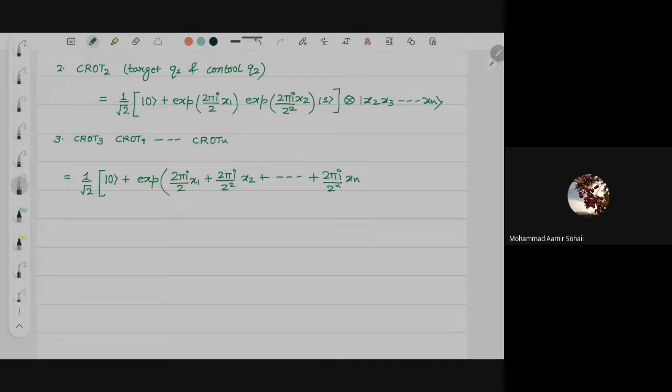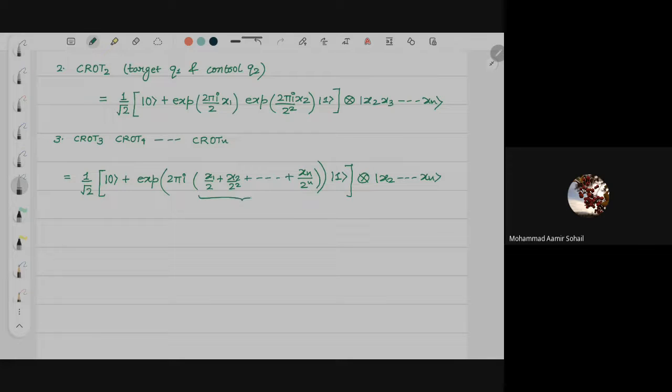But here 2 pi I is common to each of these terms, so we write 2 pi I times (x1 by 2, x2 by 2 square, and similarly up to xn by 2 raised to n), and then we have 1 here, and we get x2 till xn.